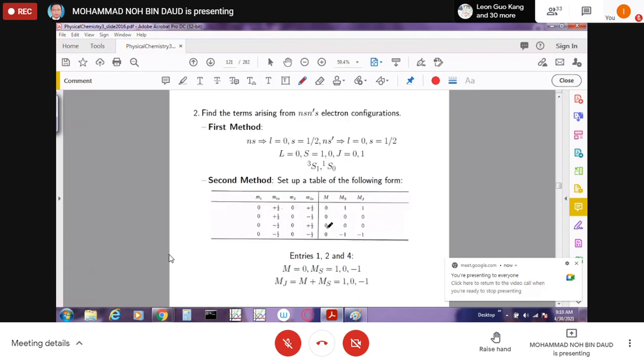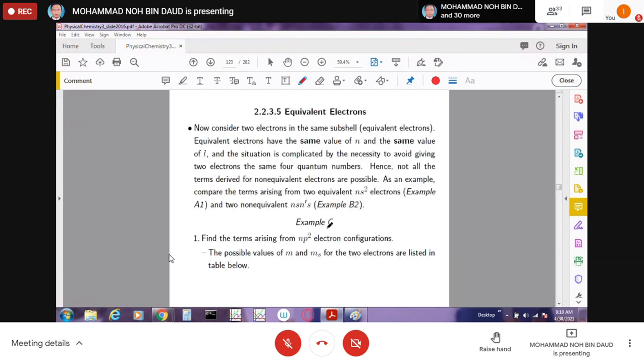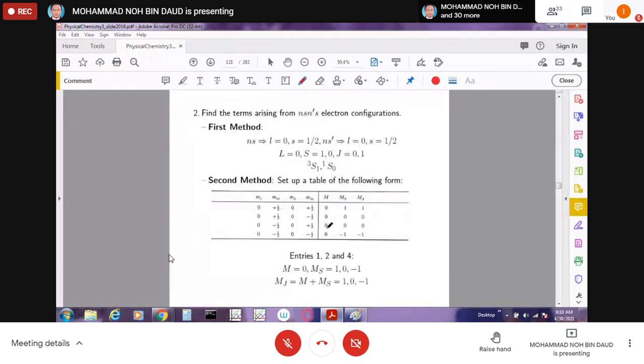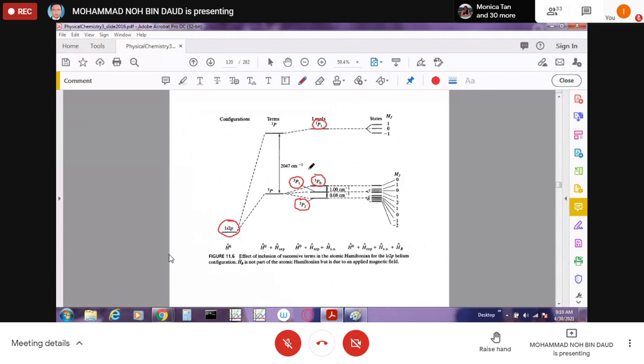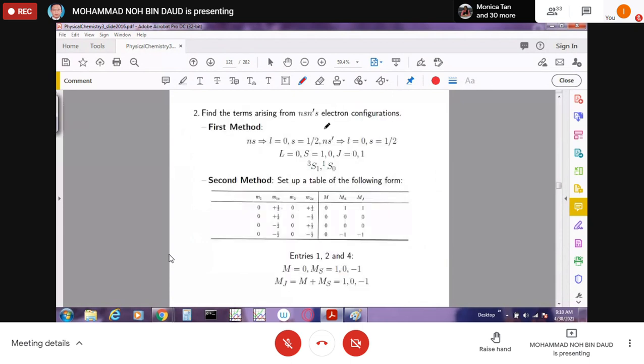For the equivalent electron, okay, so this again is for the non-equivalent electron, with different n here, ns and n's, like 1s2s. Okay, you can get here 4 rows when constructing these tables.